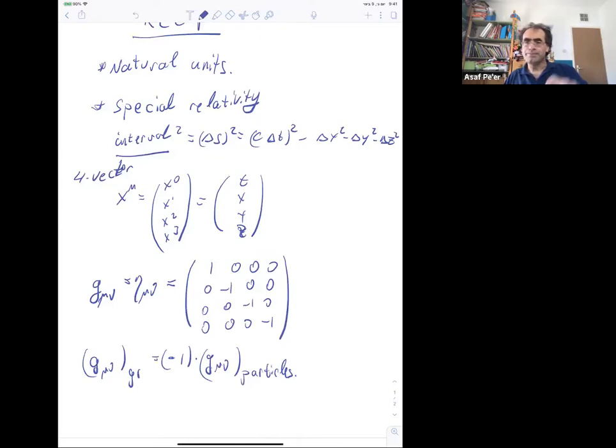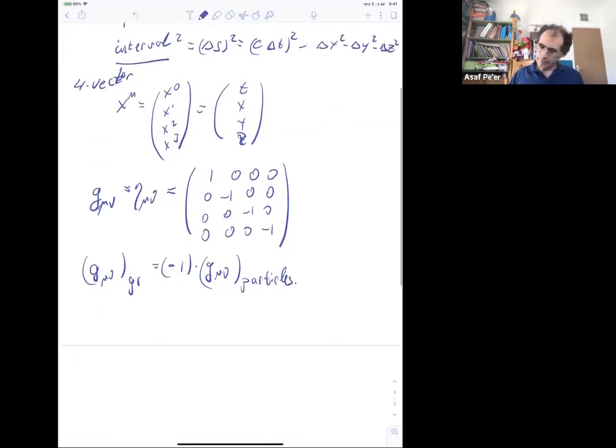And then I said that with this new convention, I could define the interval delta S squared is just eta mu nu delta x mu delta x nu. And we use the Einstein summation convention: every time we see an index that appears twice, once as an upper index and once as a lower index, we assume that there is a summation here.